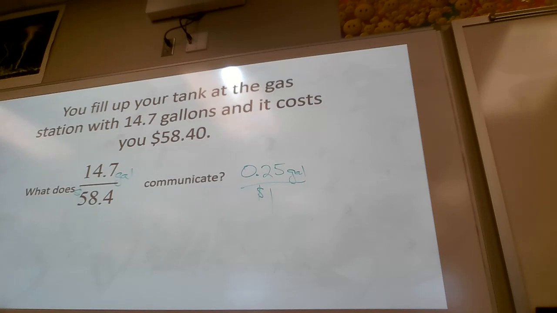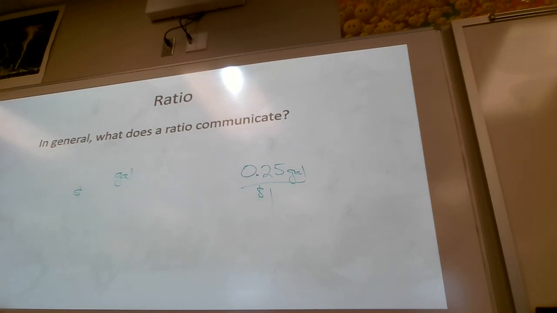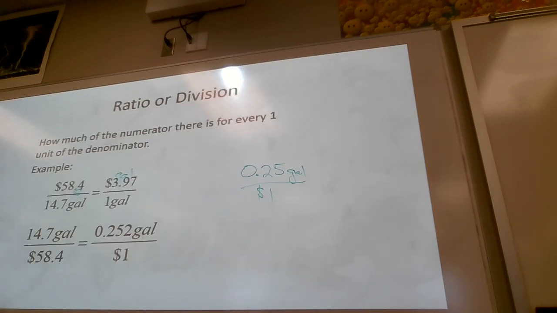So here's where I'm trying to get to. In general, whenever you have a ratio or you divide anything, what does that communicate? That communicates how much of the numerator there is for every 1 unit of the denominator.